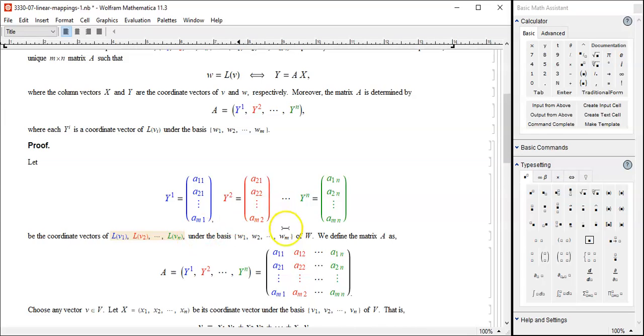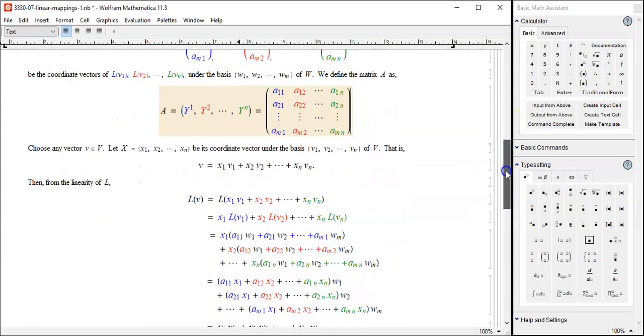So it is important that you have a set basis here, and the set basis is W1, W2, all the way up to Wm. And then we just define the matrix as the columns Y1, Y2, Y3, all the way to Yn. See the color coding? Just the columns.